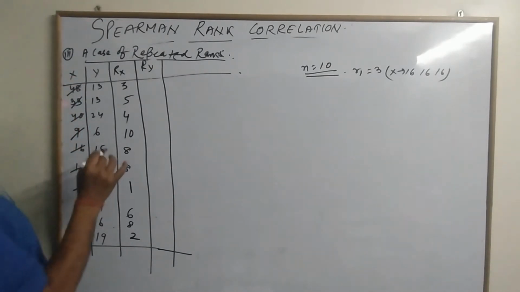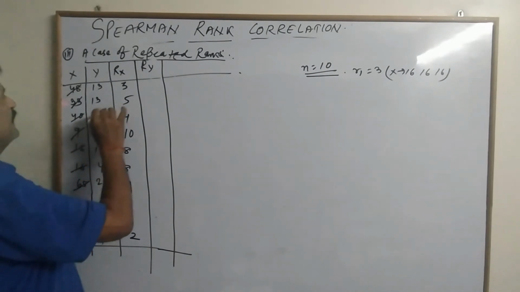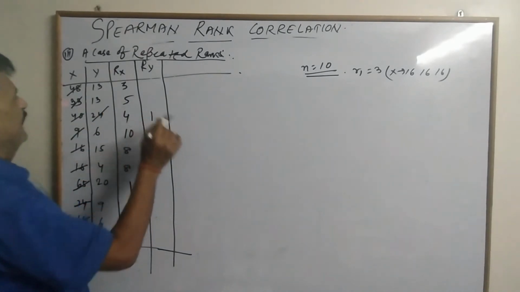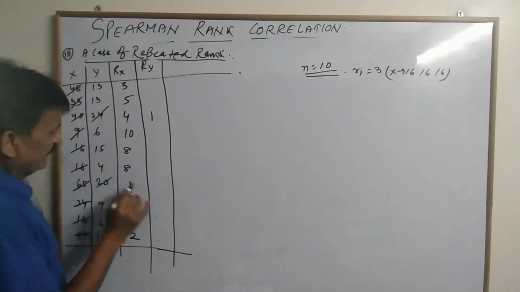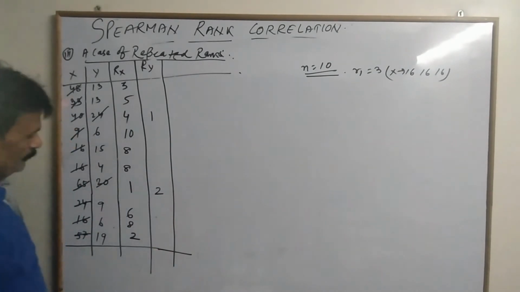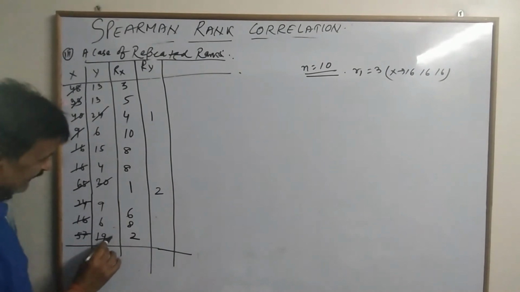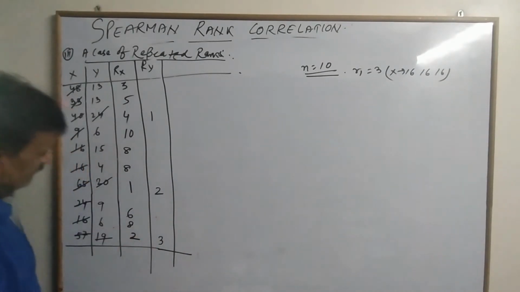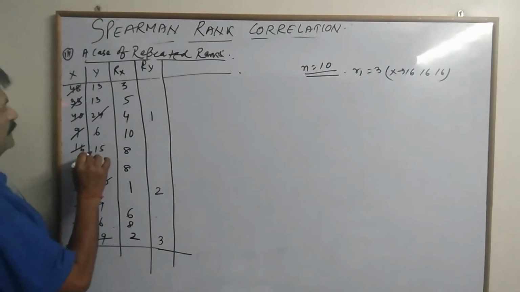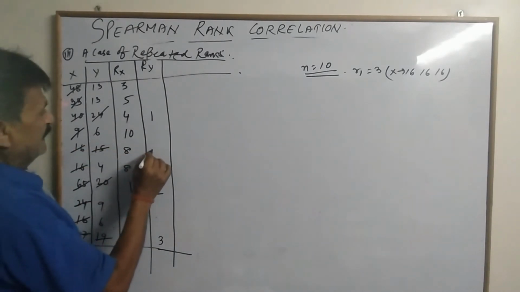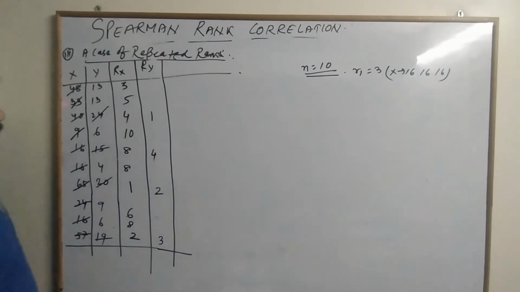Column Y. In column Y, 24 is the largest number, it will have rank 1. Thereafter it is 20, which will have rank 2. Then it is 19, it will have 3. After 19, it is 15, which is 4.